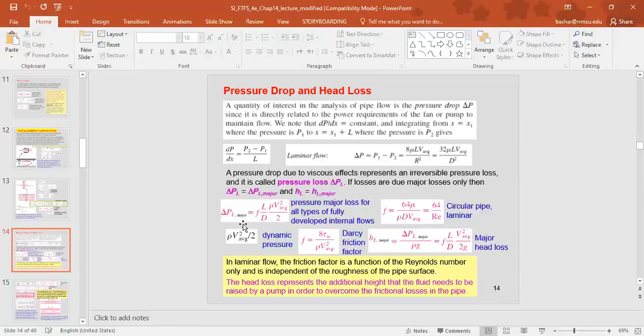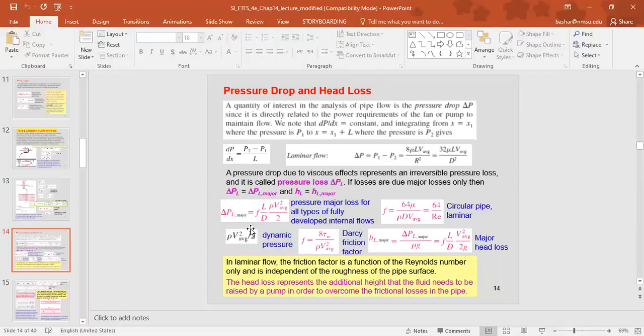So the pressure drop due to major losses is given through this equation. This f is called the friction factor. For circular pipe laminar flow, it's given through this equation. It equals 64 divided by the Reynolds number.